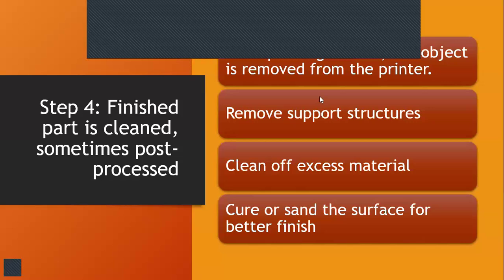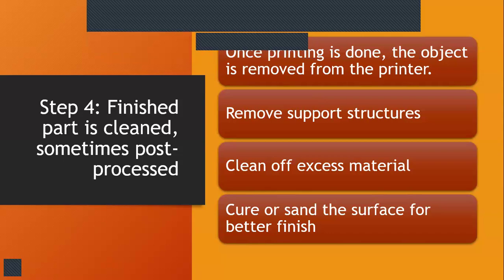Now the thing is this, guys. After this was finished, the object is removed from the printer, and you have to clean all the unwanted stuff, and then you have to cure and sand the surface for a better finish, right?